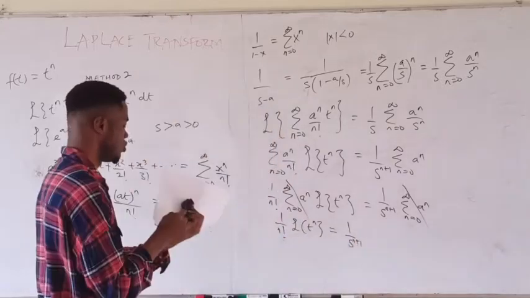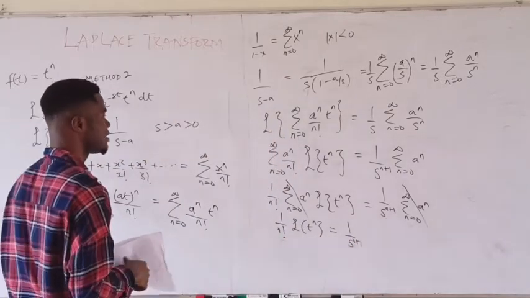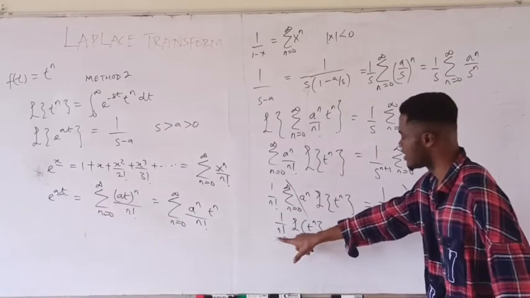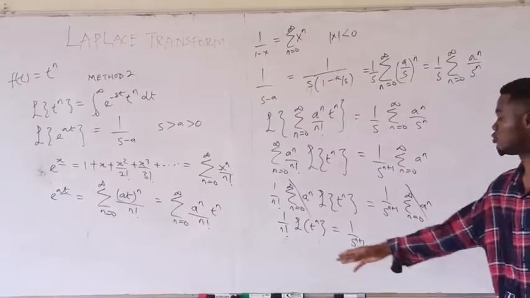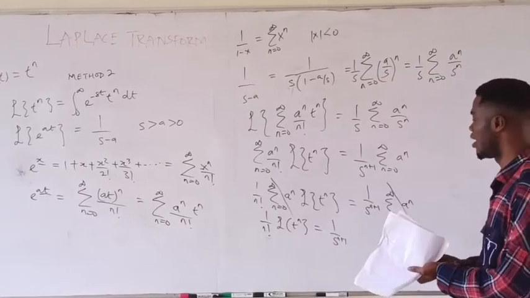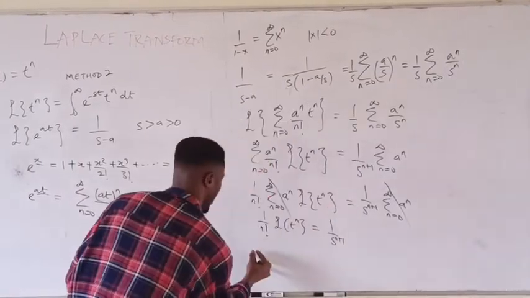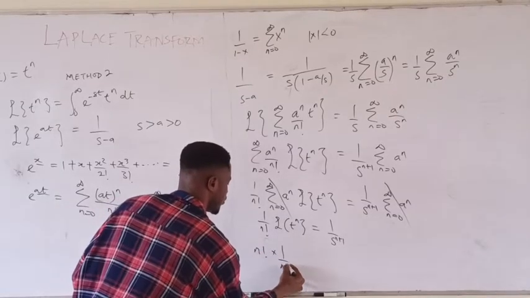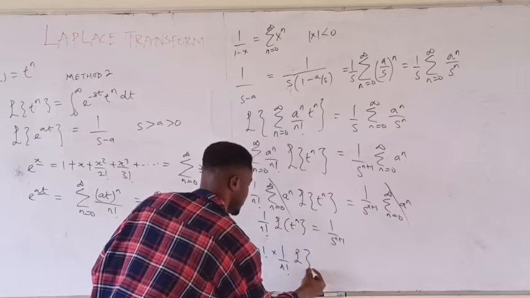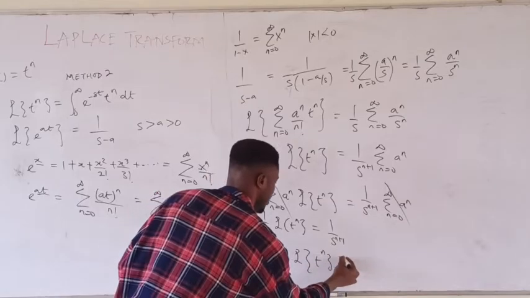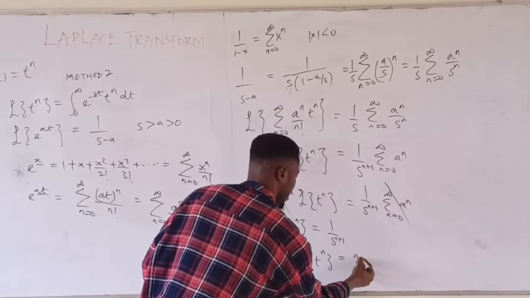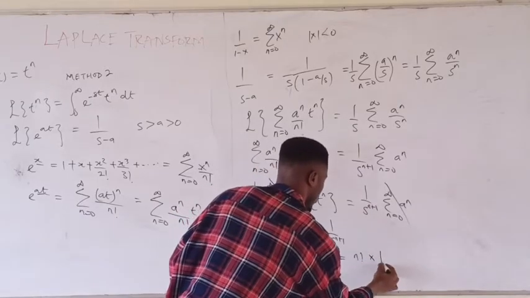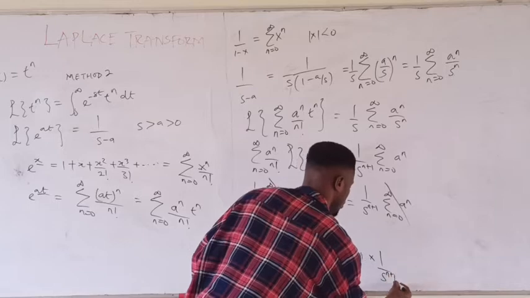So I can decide to multiply both sides by n factorial. So if I should multiply both sides by n factorial, I'm going to have n factorial multiplied by 1 over n factorial, the Laplace of t raised to the power of n is equal to n factorial multiplied by 1 over s raised to the power of n plus 1.